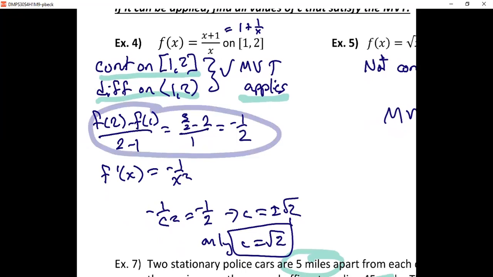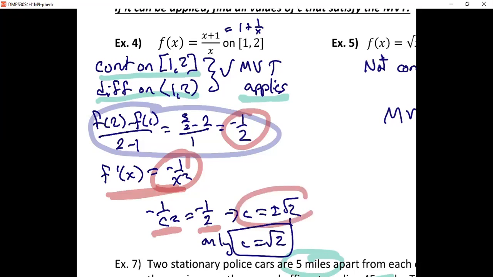I take the derivative, and I'll do the derivative in red. There's my derivative. Set my derivative equal to my average slope, to ask where my instantaneous slope equals my average slope. And to solve for c, we get plus or minus square root of 2, but only the positive square root of 2 is on that interval.